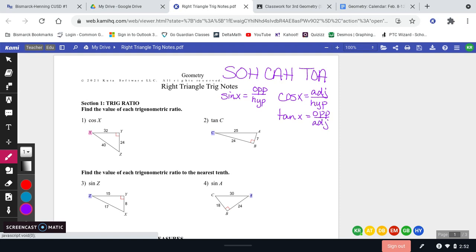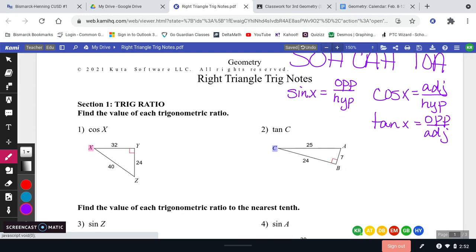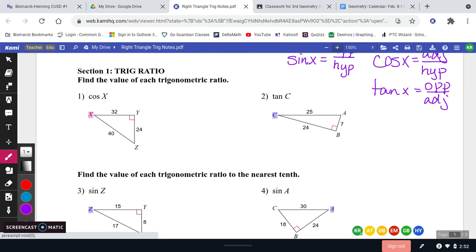It's going to be very important that we can tell the difference between an opposite side, a hypotenuse, and an adjacent side. So for number 1, we are just finding the trig ratio. Cosine of x. I've highlighted x, so that's the angle you're going to use. You've got to stand on x and use x's perspective. So let's label the sides in accordance with where x is situated.